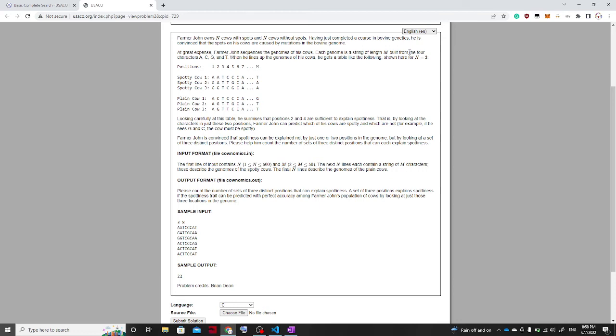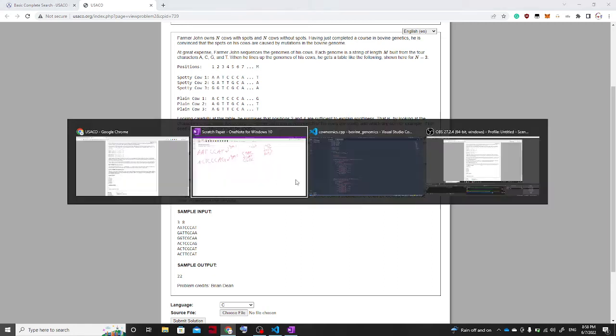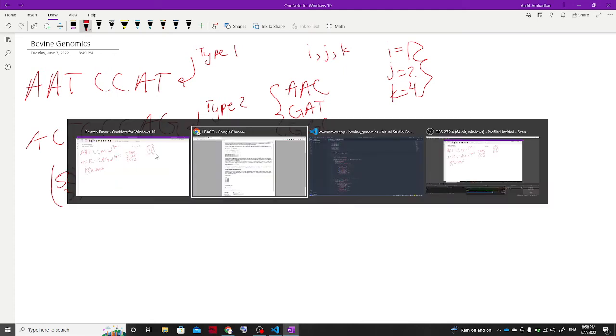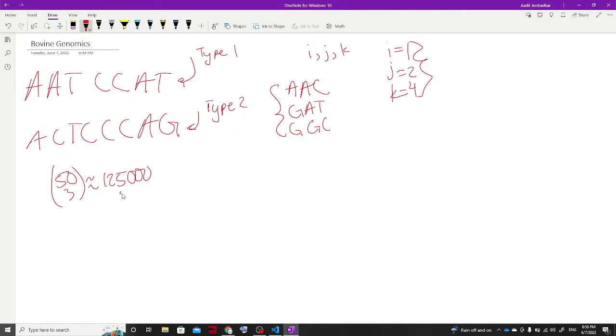Now, why does that work? That works because there are only 50 choose 3 triplets, which you could approximate to be 1, 2, 5, 0, 0, 0 triplets. And since there are 500 cows, and obviously please do this using a calculator, you would get 1, 2, 3, 4 zeros, and then 6, 2, 5.